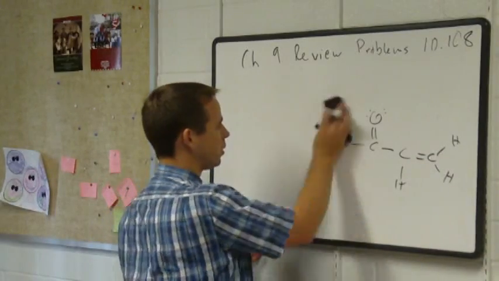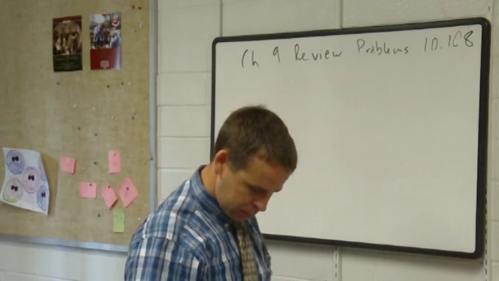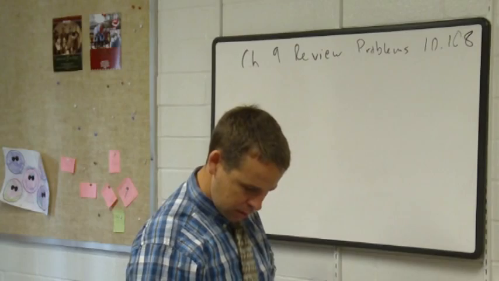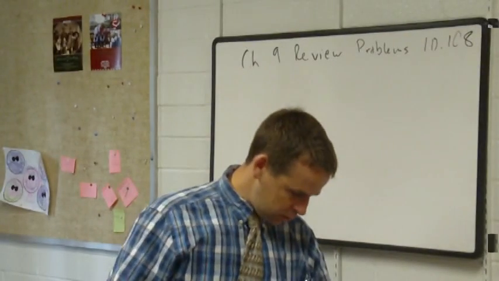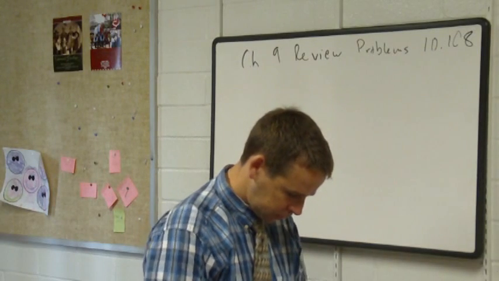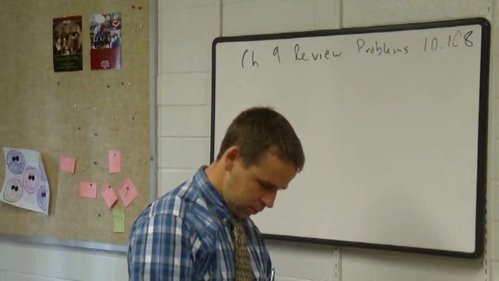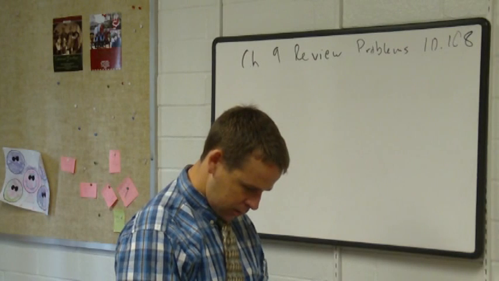10110. So it says, use molecular orbital diagram to predict which of the pair has the greater bond energy, O2 or O2 plus. So to do this, we need to look at table 10.1, the molecular orbital bond orders for O2.